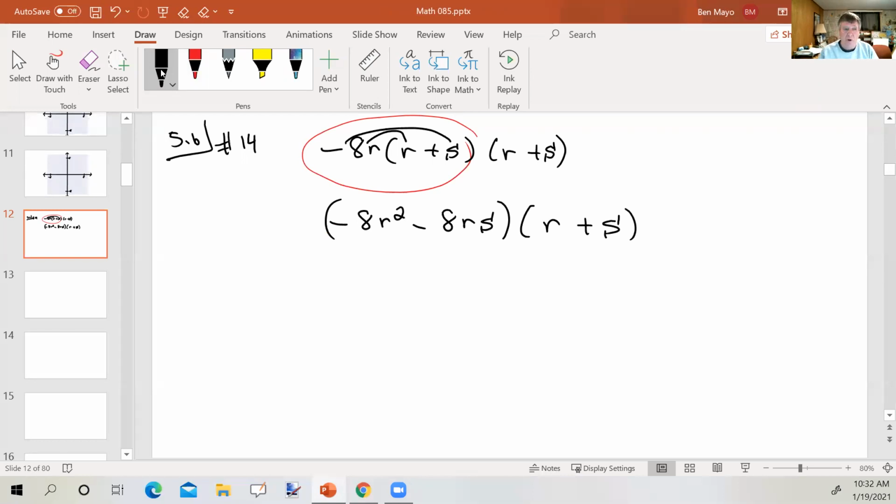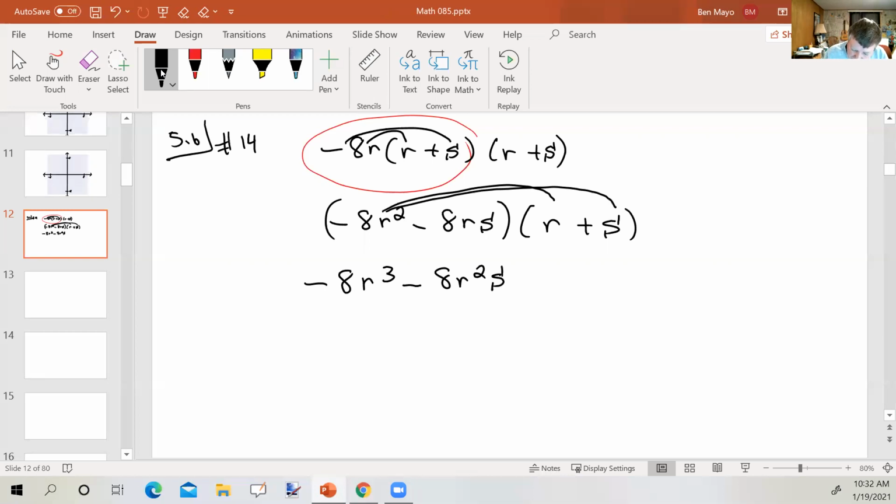Any questions so far? All right, then we'll continue and we'll take negative 8r squared times r, which is negative 8r cubed. Then we'll take negative 8r squared times s, which is negative 8r squared s.